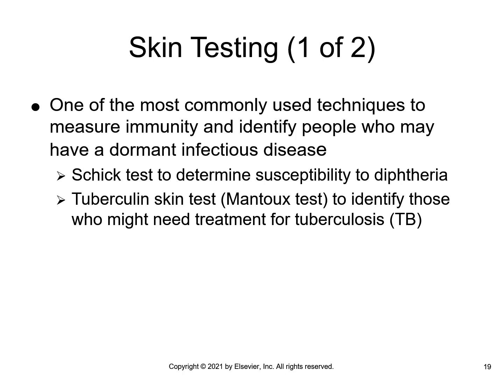Skin testing is one of the most currently used techniques to measure immunity and to identify individuals that may have a dormant infectious disease. These tests will include the Schick test to determine susceptibility to diphtheria and the Mantoux test to identify those who might need treatment for tuberculosis.